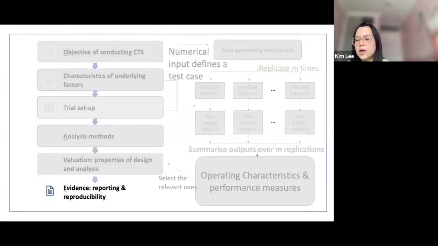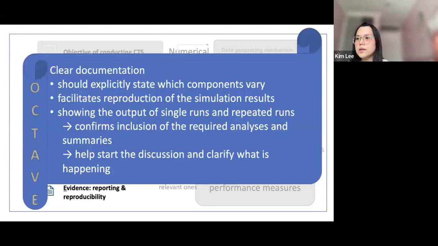Lastly, our OCTAVE framework suggests documenting all the aforementioned elements before implementation of simulation for transparency. Clear documentation should explicitly state which components vary in the simulation study. A good report can facilitate reproduction of the simulation results without relying on the code of the author.